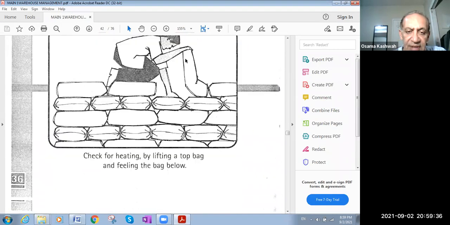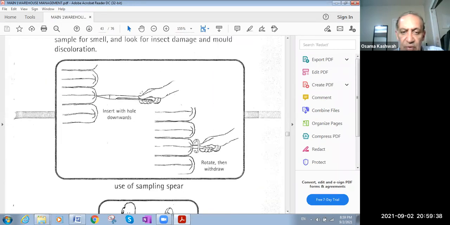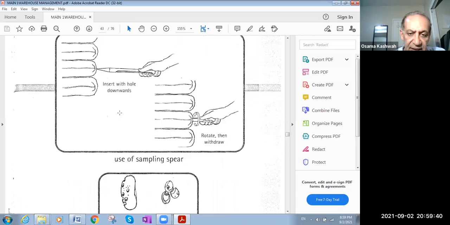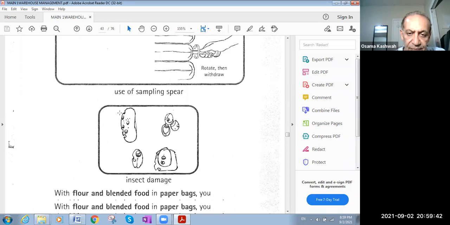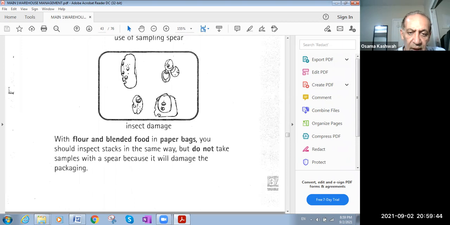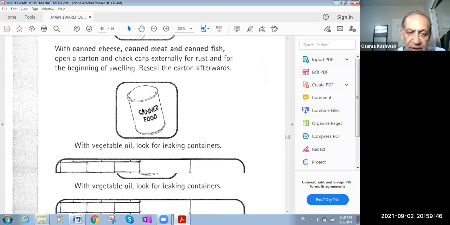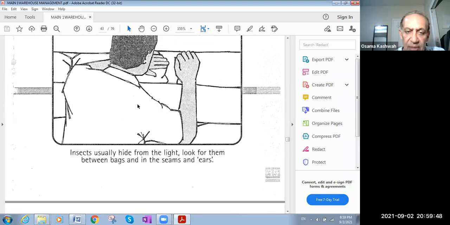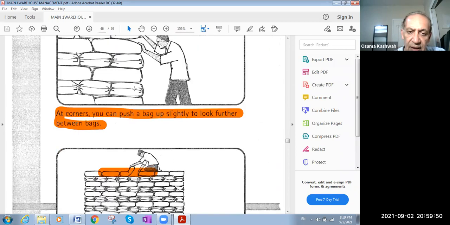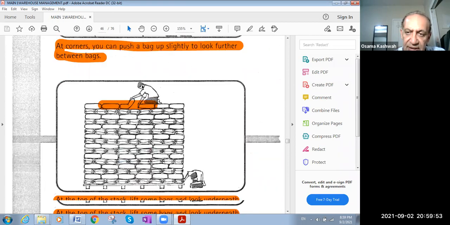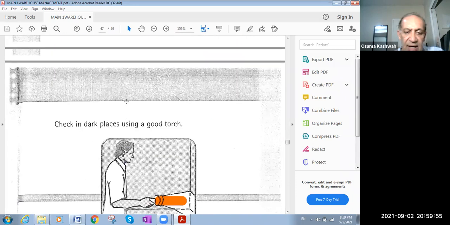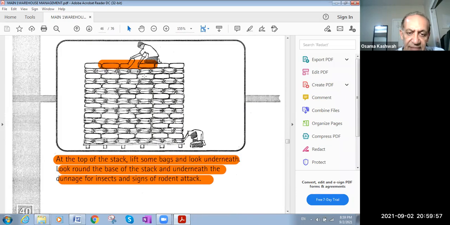So this was the stacks, and the last thing we were saying was about the insects and how to deal with the problems of looking for the insects, especially in the dark places and in between the stacks themselves.